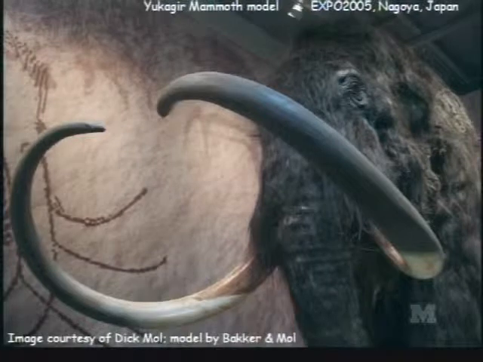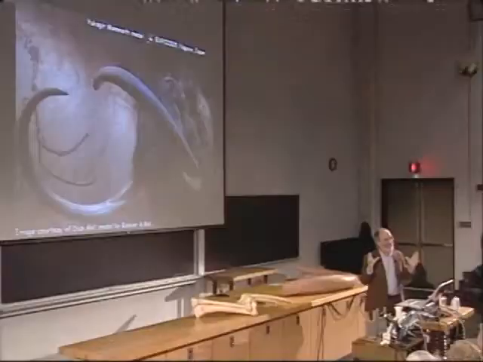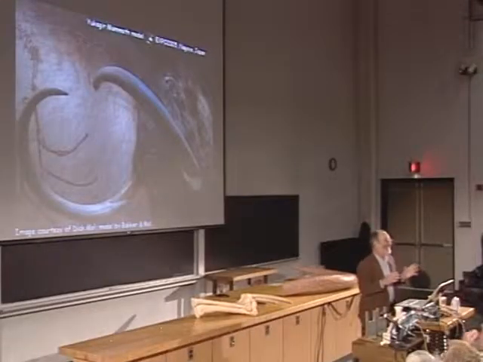You're looking now at a 3D model, a physical model of a woolly mammoth. And it's really a very carefully done one. And here you see what the tusks of these animals would look like from, let's say, a hunter's eye, as you're standing in front of this animal. And that is an impressive beast.